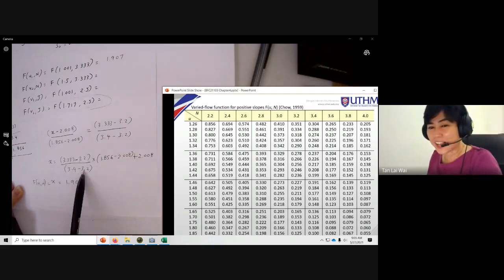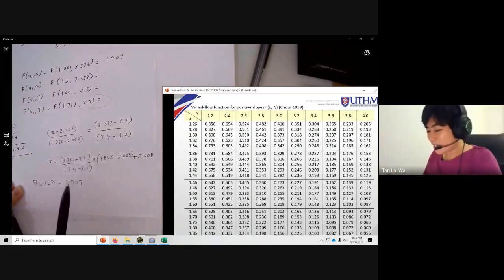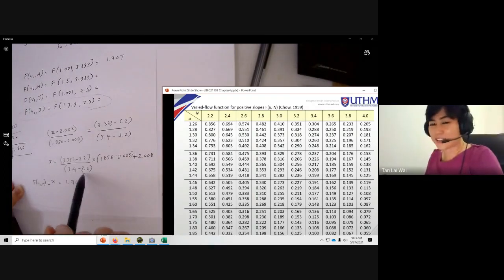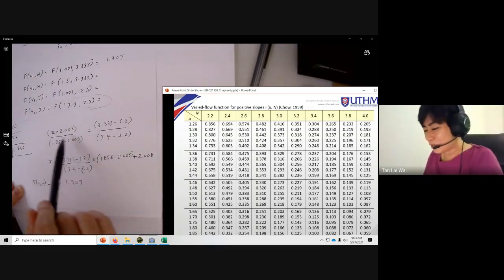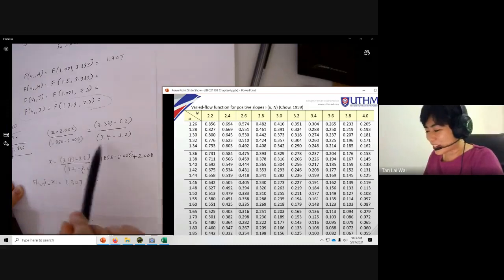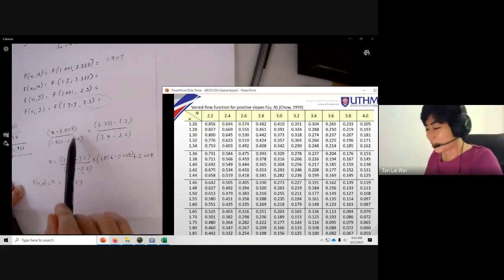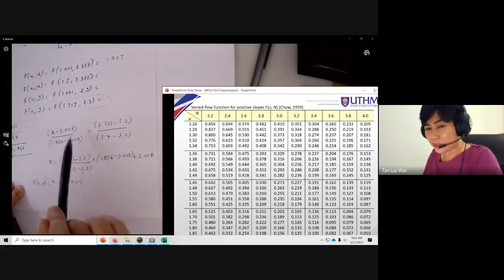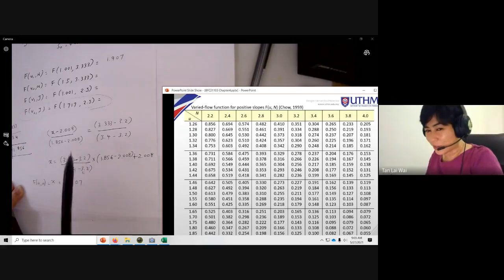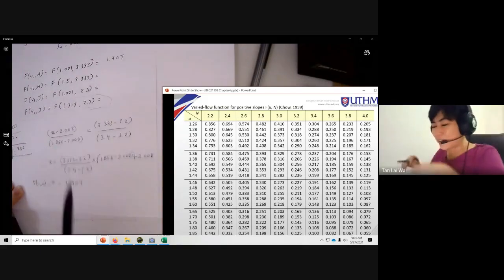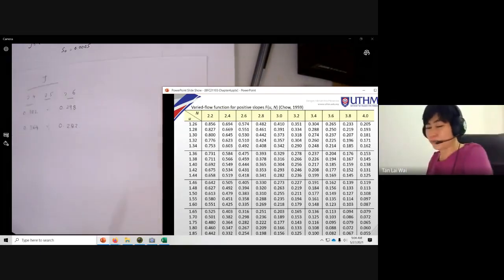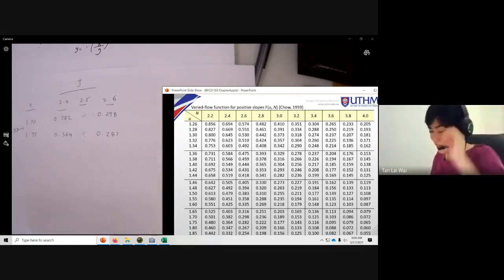I can just press the calculator or Excel and interpolate straight away. That's why just now I was thinking how did I get to this. I start off with this first, then once you get used to it, you can interpolate straight away. I hope by now you should be able to practice.